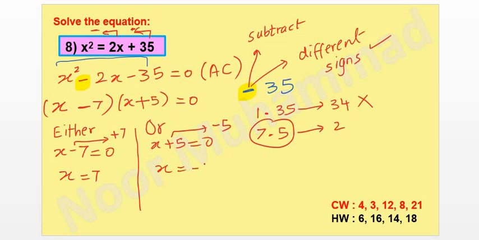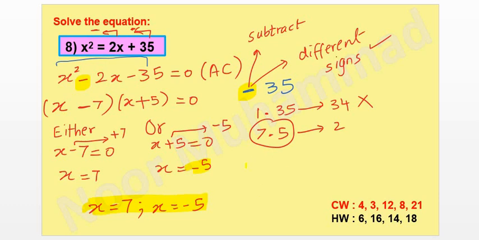This will be our other solution, right? So we got both the solutions. This is the first solution and this is the second solution. Let me write it over here. Just 1 second. So the final answer will be x equals 7 or x equals negative 5. I'll highlight it. So this is the final answer, right?